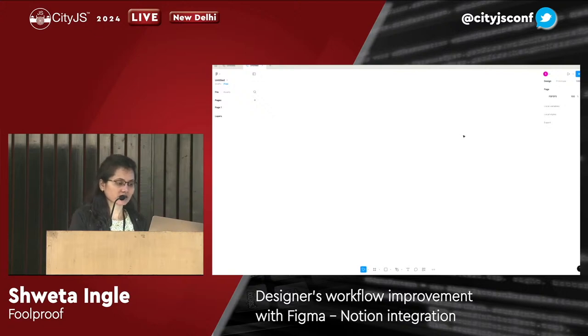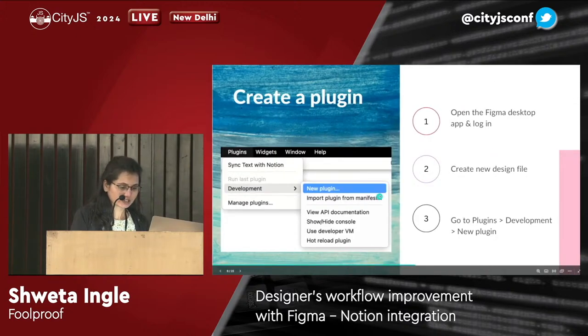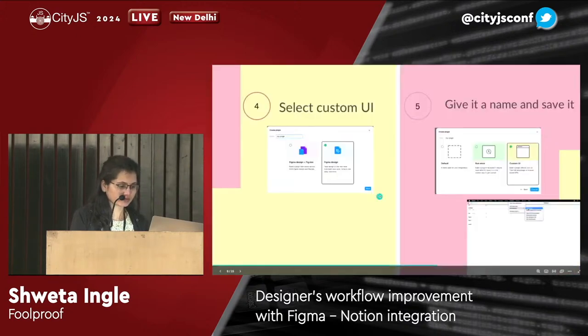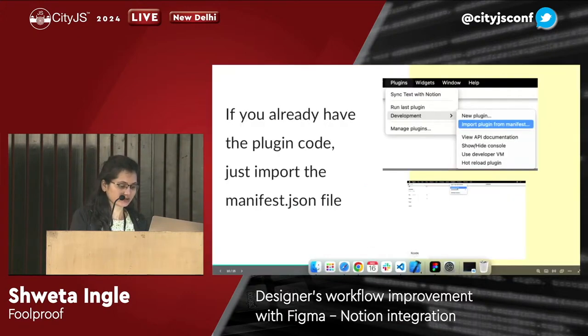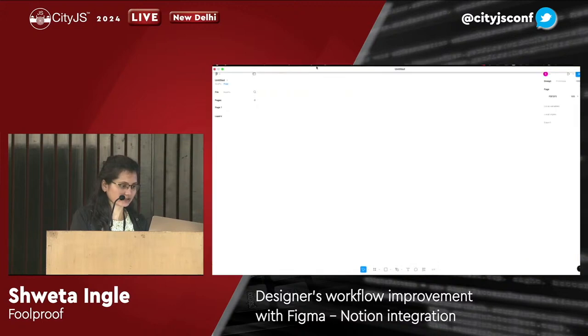It is the same as when you create a React application or an Angular application, you get the basic code of that application. So it's the same, you can relate to that. And next, if you already have a plugin, you just need to import the manifest.json file into your desktop application.